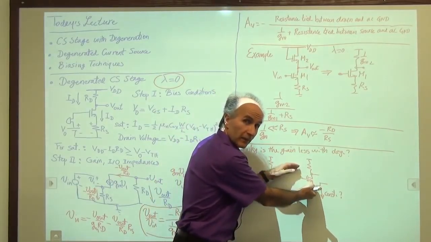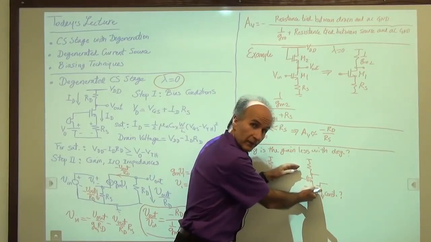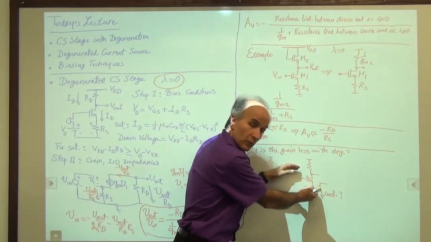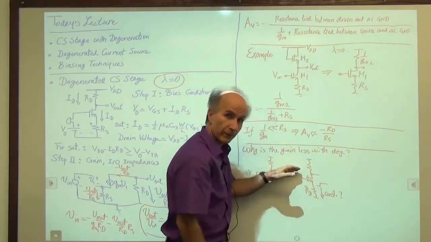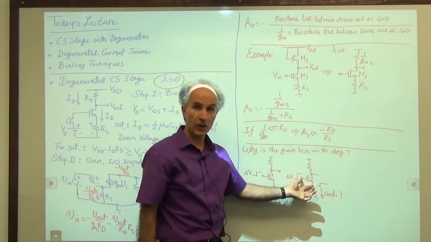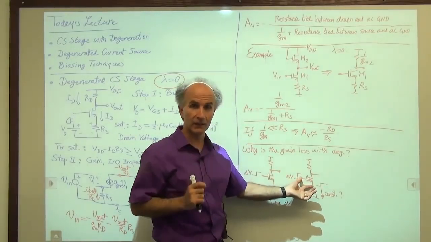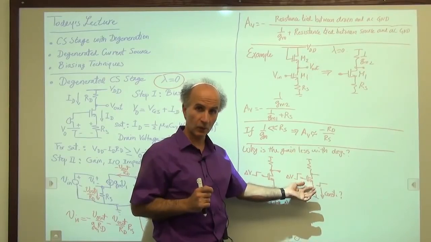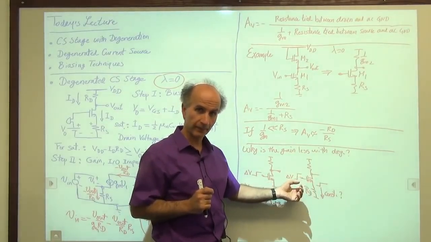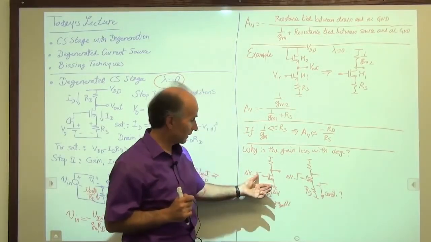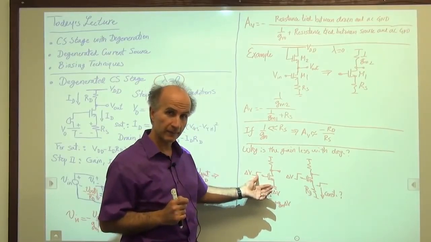The gate went up by delta V, the source did not go up by delta V. The source was not constant, the source went up by some amount. So this VGS changes by less than delta V because the source keeps going up. Whereas here, VGS changes by delta V.